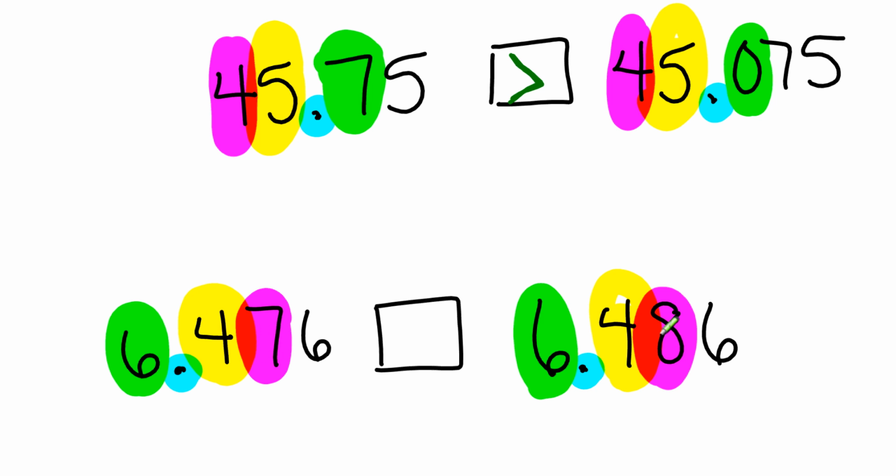So the 8 is greater than the 7, which makes 6 and 486 thousandths greater. Alrighty, so what I'm going to do is draw the less than sign. I know that's a little bit confusing, but what that's saying is 6 and 476 thousandths is less than 6 and 486 thousandths, which is correct.